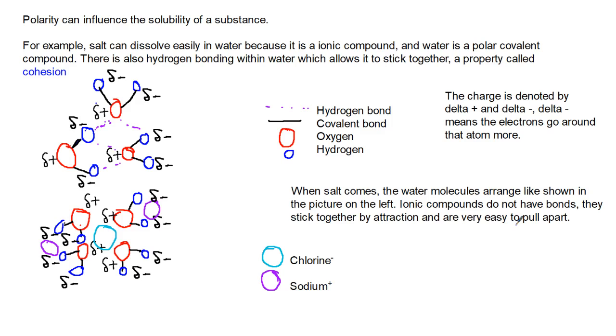So when salt goes into the mix, you have, right, this symbol right here determines the charge. It's a small delta, I think. I'm not sure, but it determines the charge. So this is plus and this is minus, right? When salt goes into the mix, you have chlorine, which is negative, from NaCl.